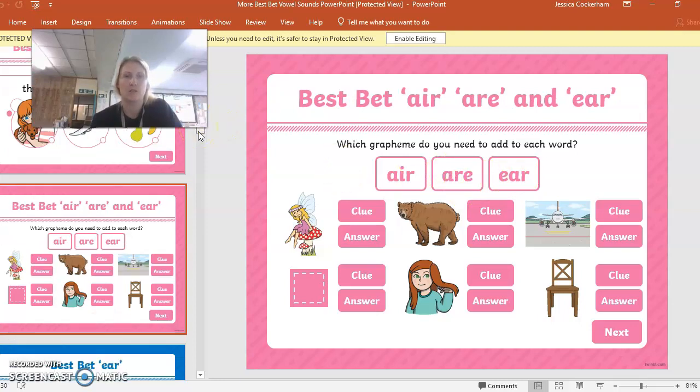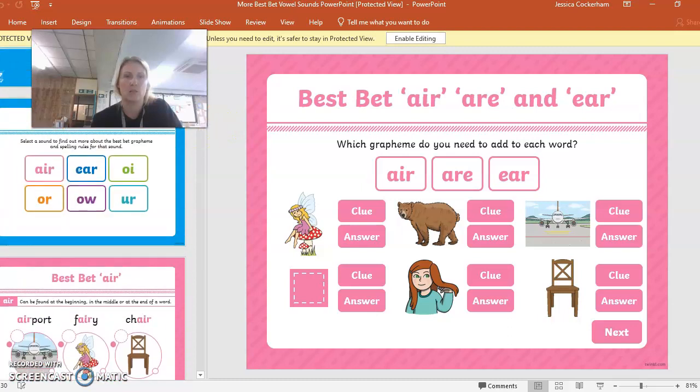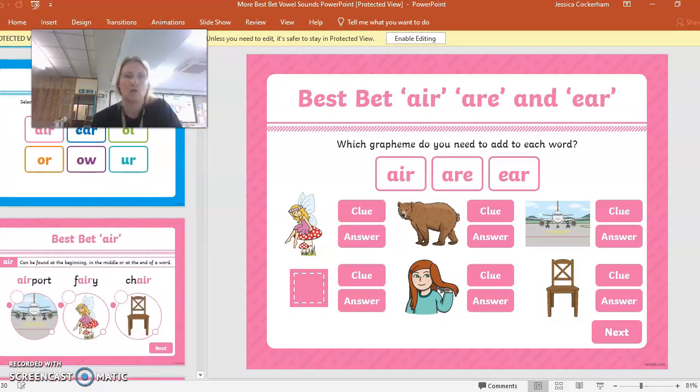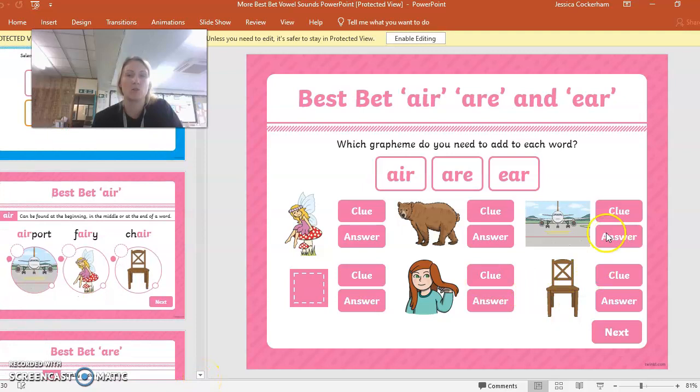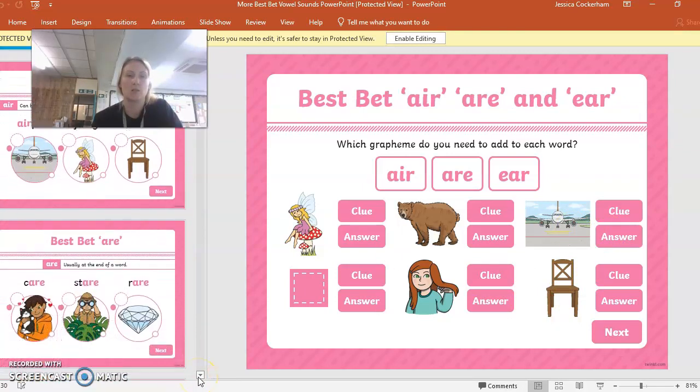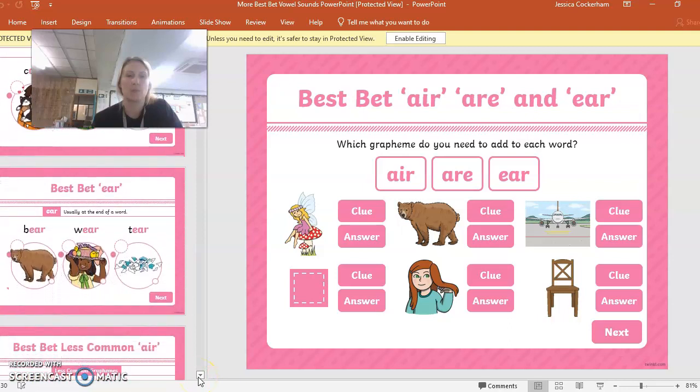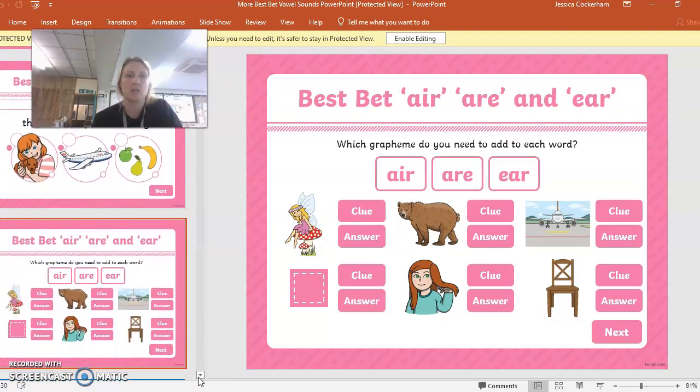You've already written it down somewhere else. Let's have a look where you've written it. Oh no, it's a different picture actually. I was thinking of it as being an aeroplane, but I think we need the word for this one, which is airport.